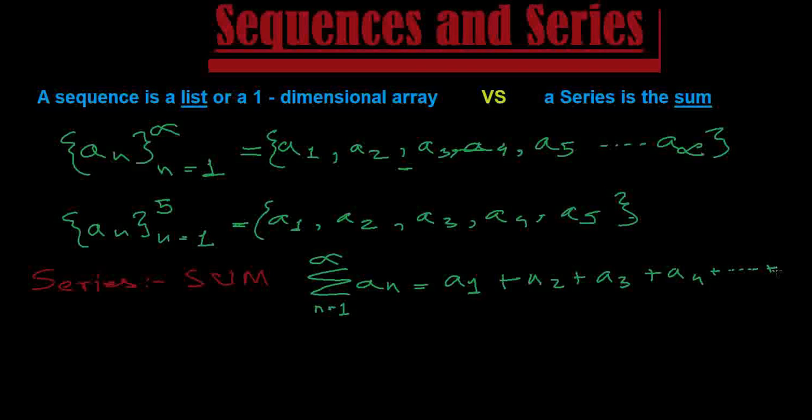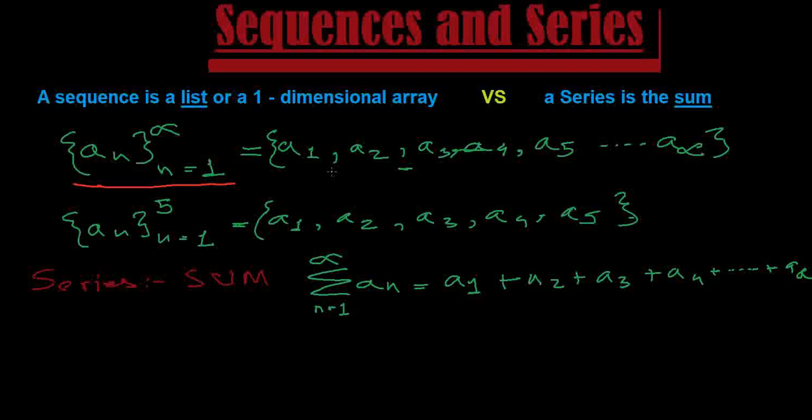plus a infinity. The main difference to take a look at here is that in a sequence we write a_n within curly brackets, with n equals 1 to n equals infinity, or the number the sequence is running up to.